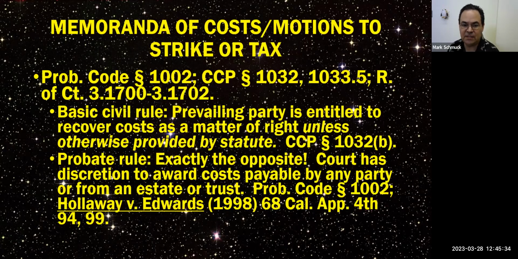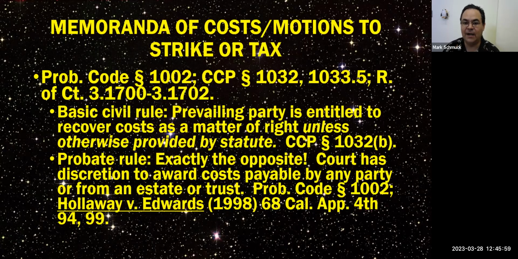Now, the statute, CCP 1032, says the important qualifier is unless otherwise provided by statute. The probate code is otherwise provided by statute. Under the probate code, it is exactly the opposite. The court has discretion to award costs payable by any party or from an estate or trust.